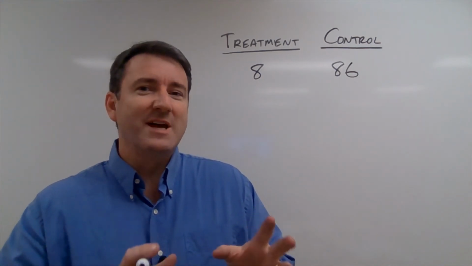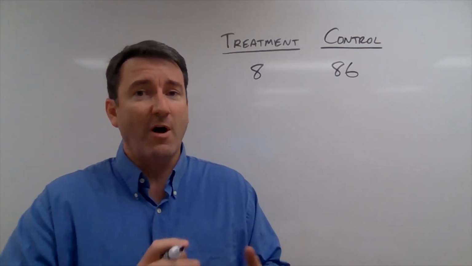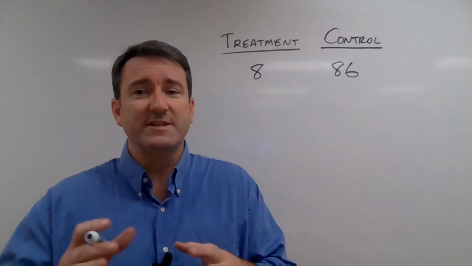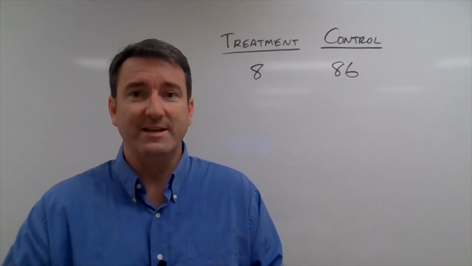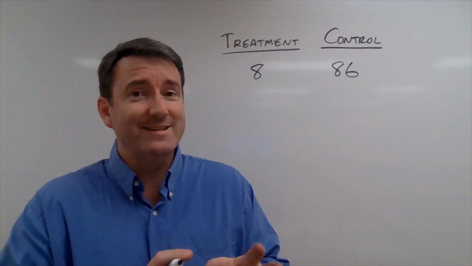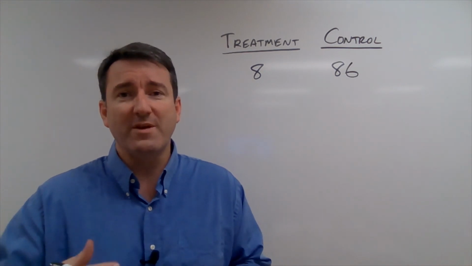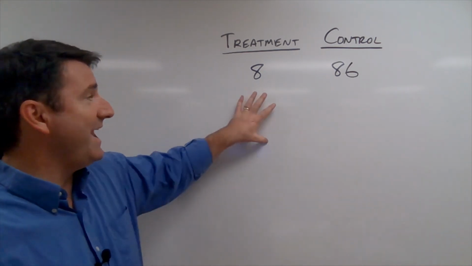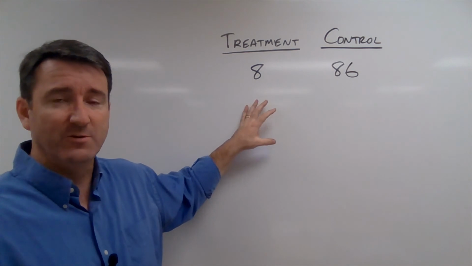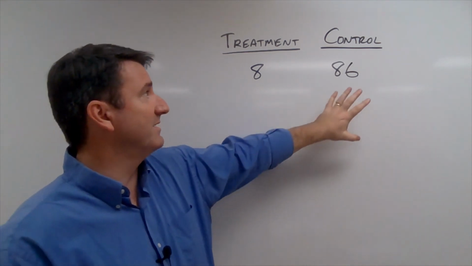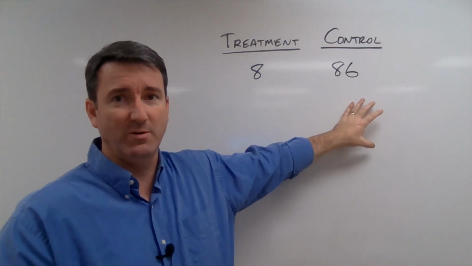Our second example tells us that in November 2020, pharmaceutical companies announced the results of a study on a newly developed vaccine for COVID-19. In the study, which involved over 43,000 participants, 8 people in the vaccinated group developed COVID-19, compared to 86 in the placebo group.